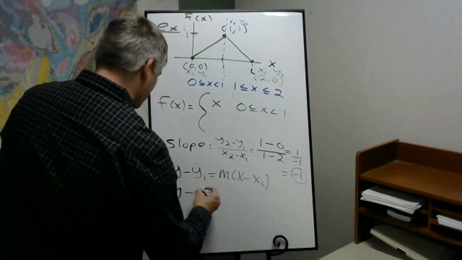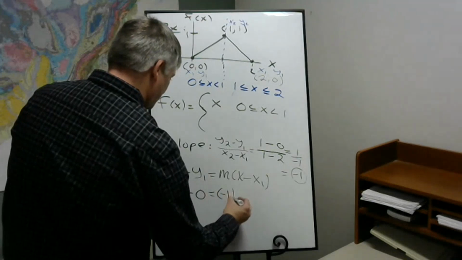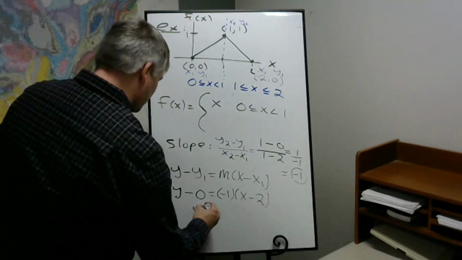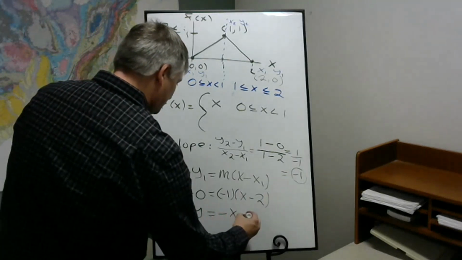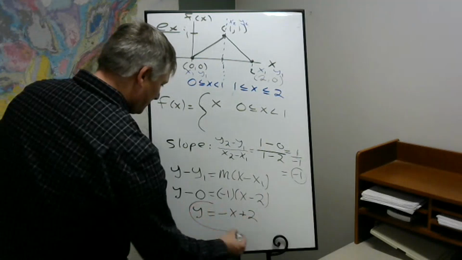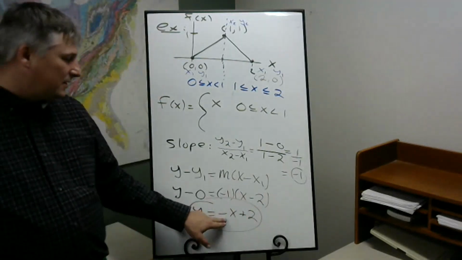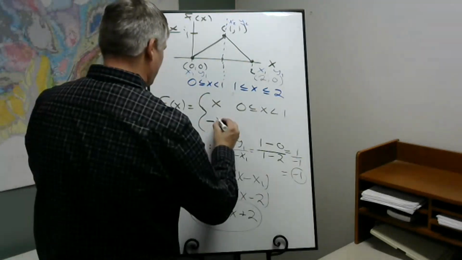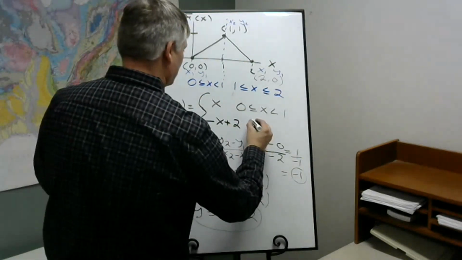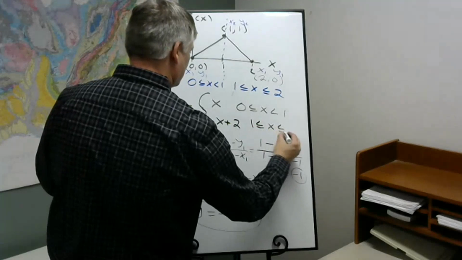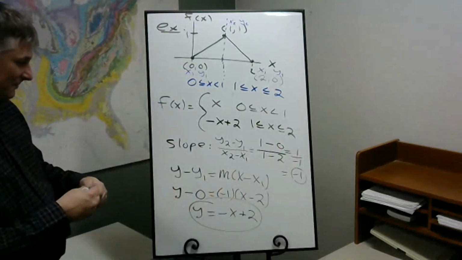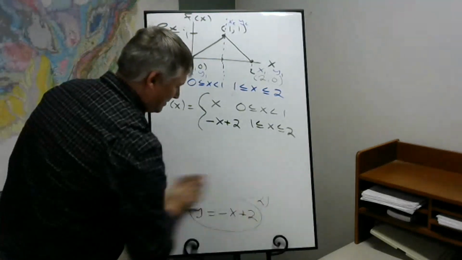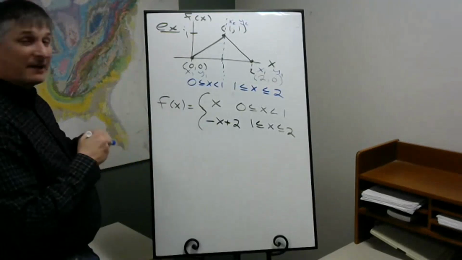So we get something like this, or y is -x plus 2. And so that's going to be the relationship in phase 2. And so this will be our final answer.